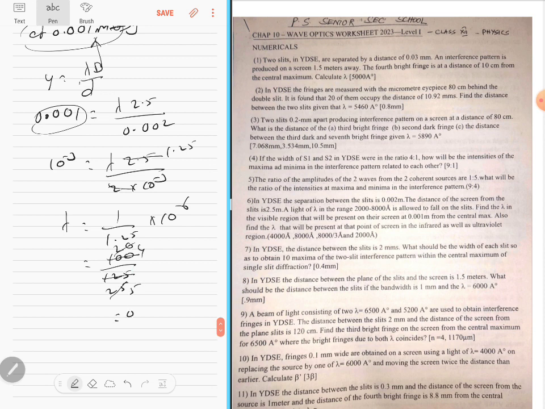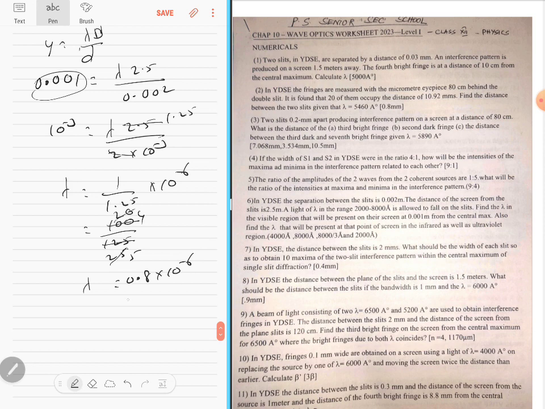So it's 0.8 into 10 to the power minus 6. That is the wavelength I'm getting here. Supposing I want to make it Angstrom, I divide by 10 to the power minus 10, so it becomes 8000 Angstrom. That is the value I'm getting.